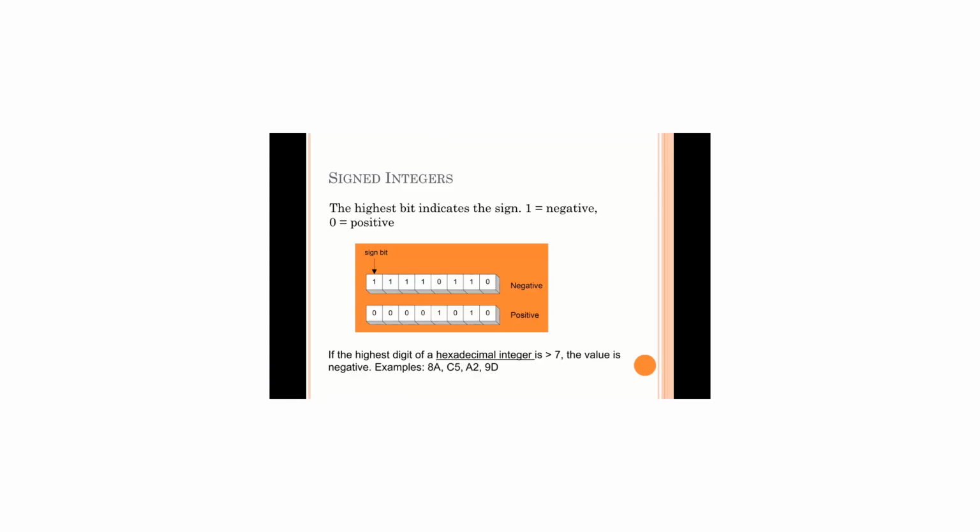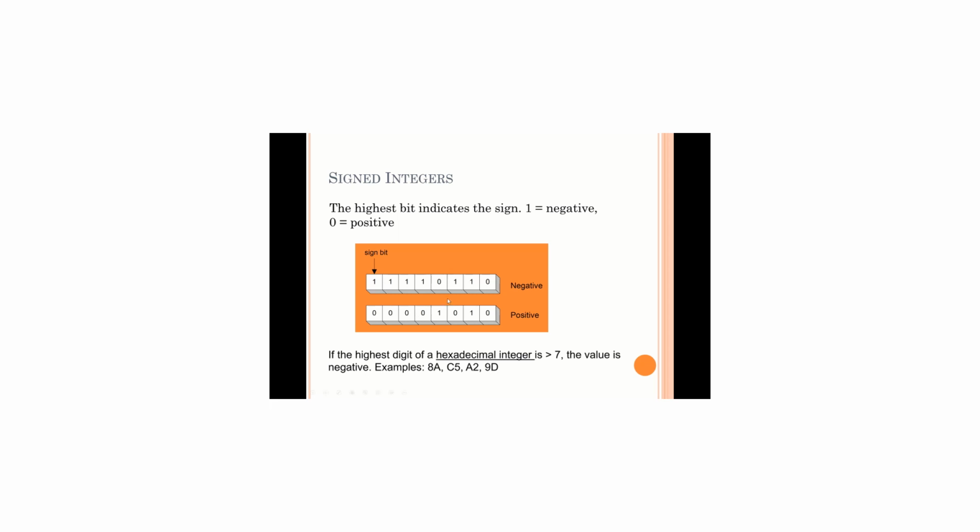So if you look at these two numbers, if we make arrangements like that, we basically set aside the most significant bit for signs, right?